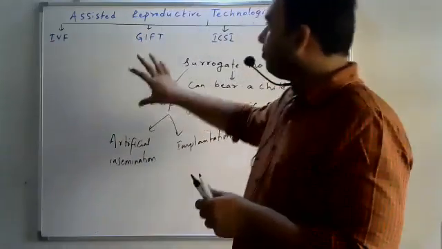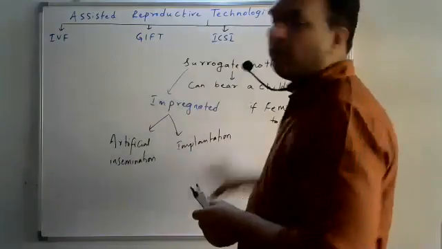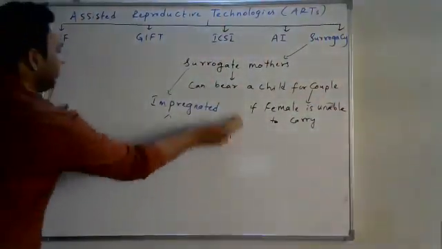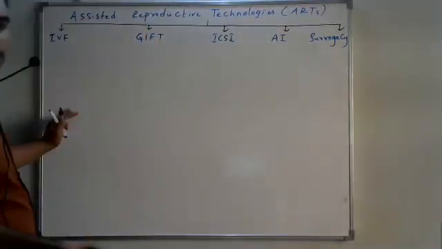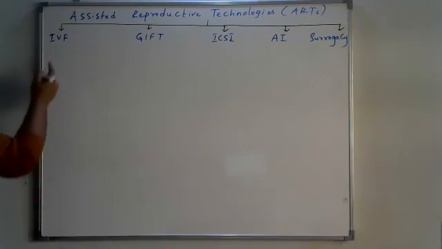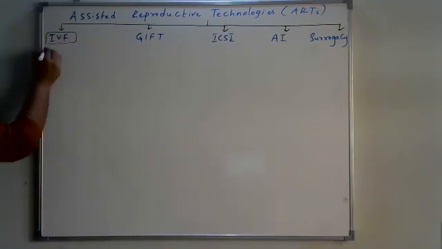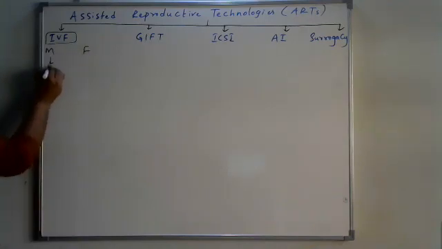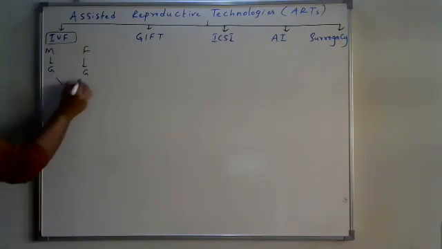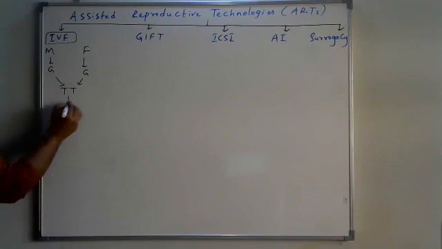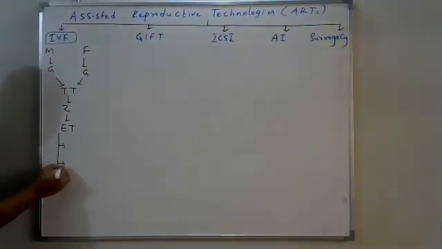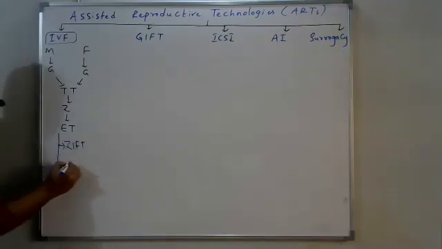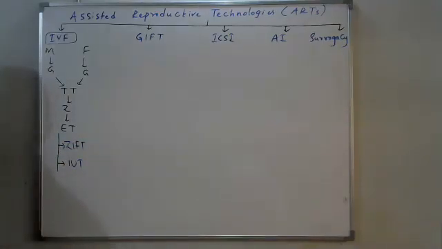Now I would like to summarize, I will write on the board for each method. Within 5 minutes I'll finish it. So artificial insemination, in vitro fertilization: from the male, from the female, gametes, test tube, zygote, embryo transfer, again 2 types, ZIFT and IUT.